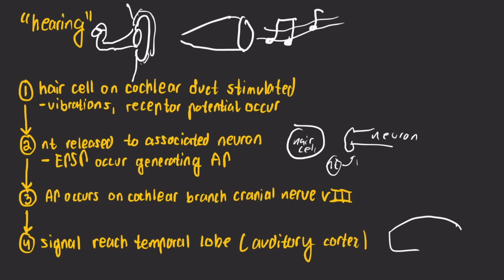Think of your cerebellum here and your brainstem. The auditory cortex is somewhere here. At the end of the day, all these signals will be sent to this part of the brain to be processed by the auditory cortex.